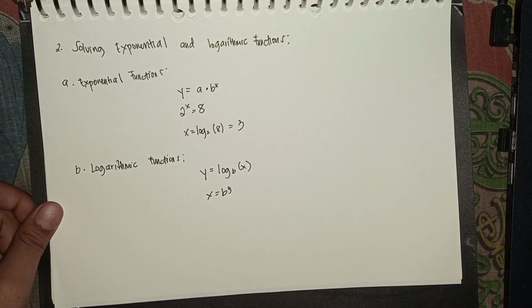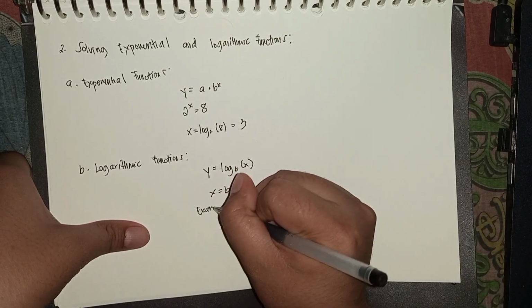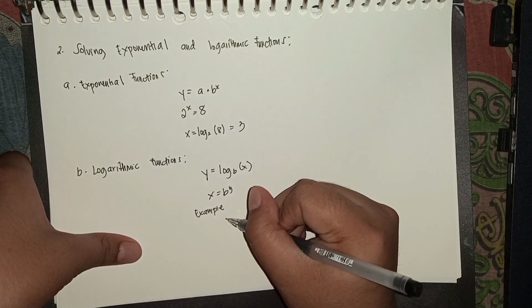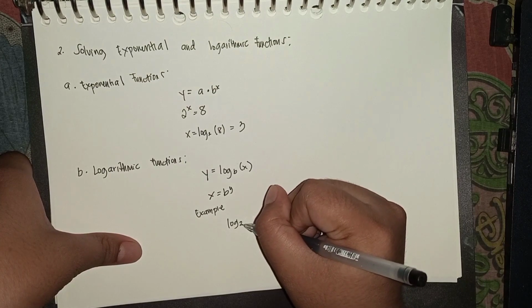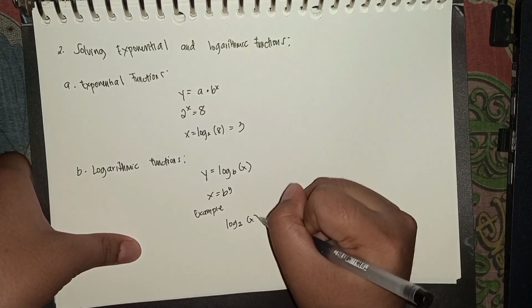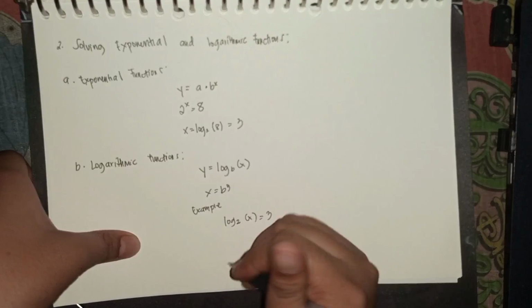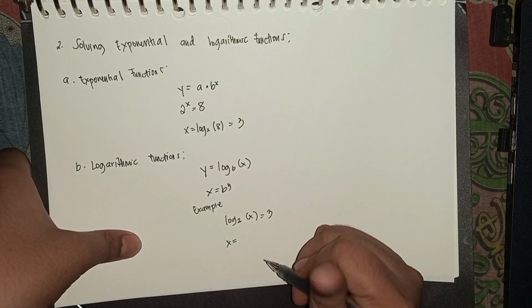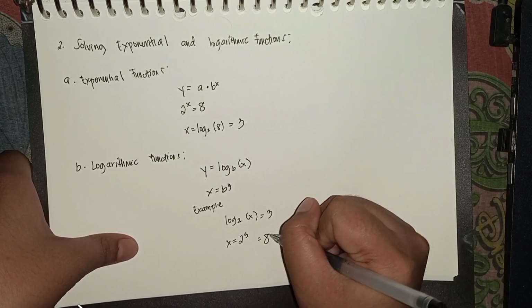For example, if you have log base 2 of x is equal to 3, you can rewrite it as x is equal to 2 to the power of 3, which is equal to 8.